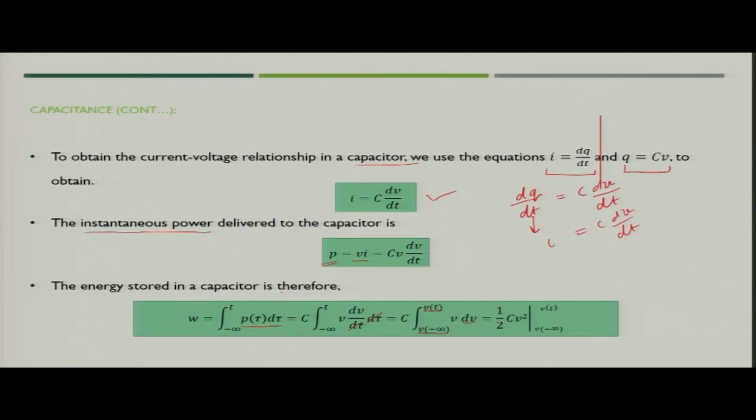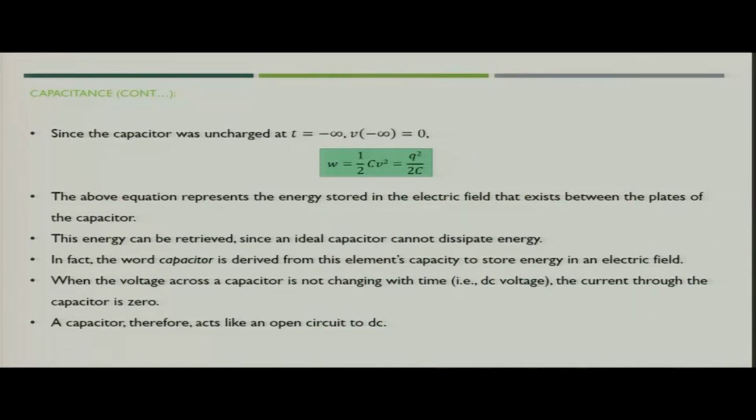This will come out to be half C v square. Now, at minus infinity you assume that the capacitor is fully discharged. It means that the value of V at minus infinity would be 0, and the value of V at a particular time t, you will say simply as V.